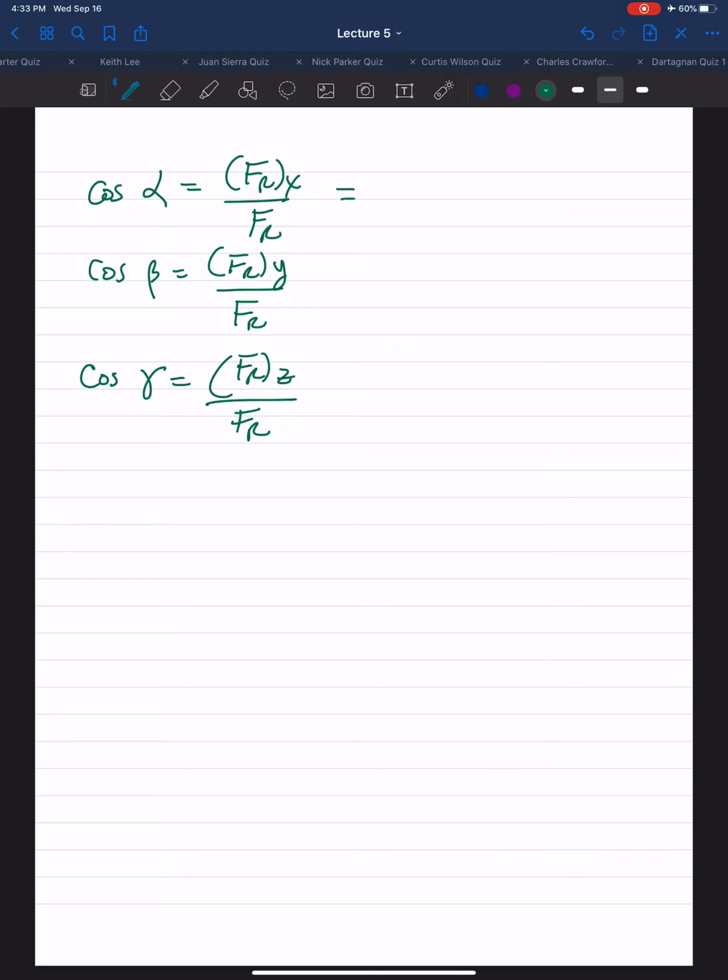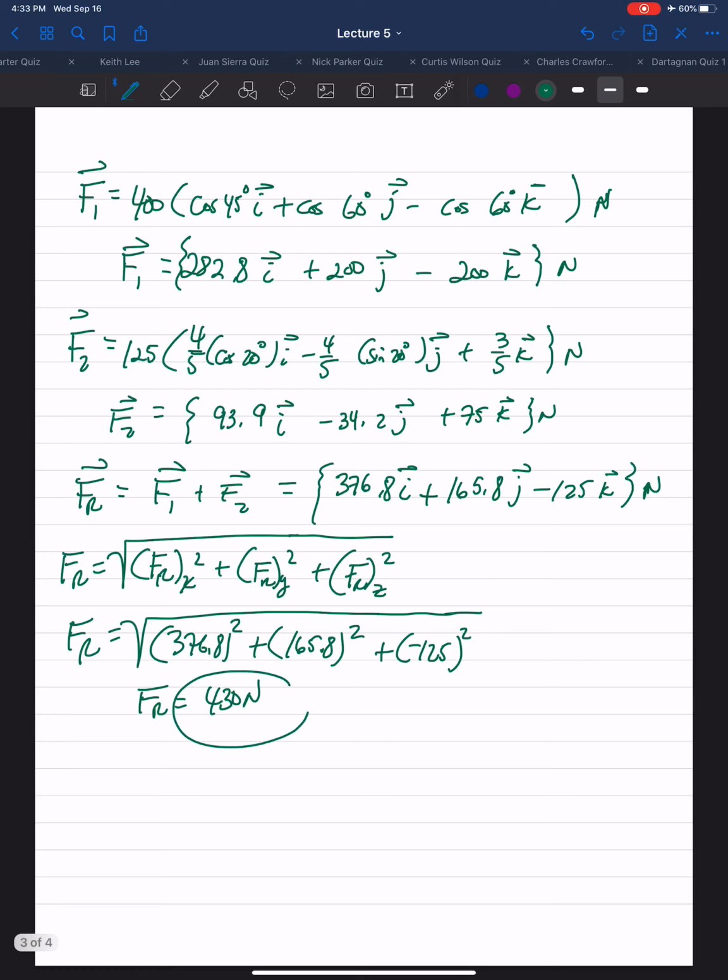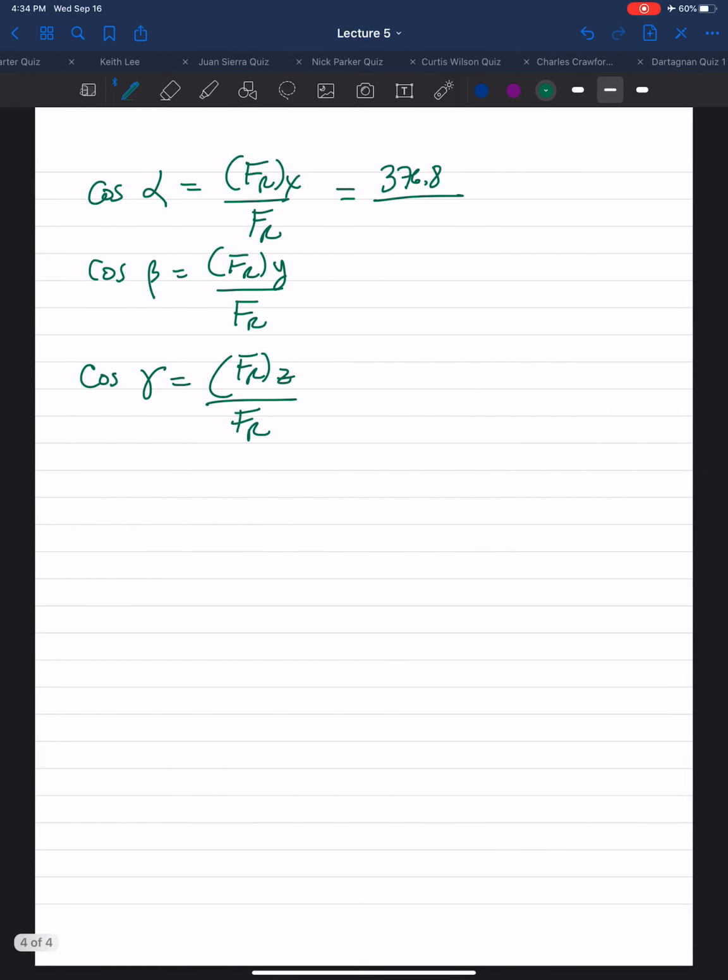So the x component of the resultant force is the 376.8, and we said the magnitude of the resultant force is 430 newtons. X component, y component, z component. Angle alpha is 28.9 degrees.